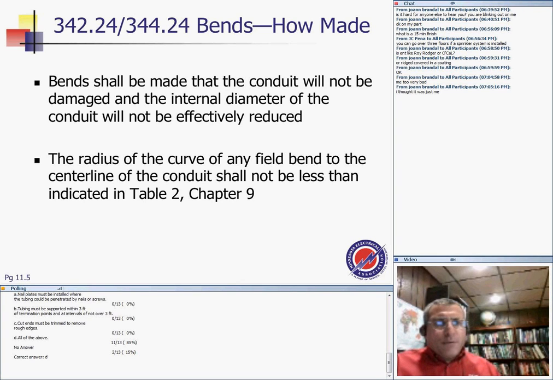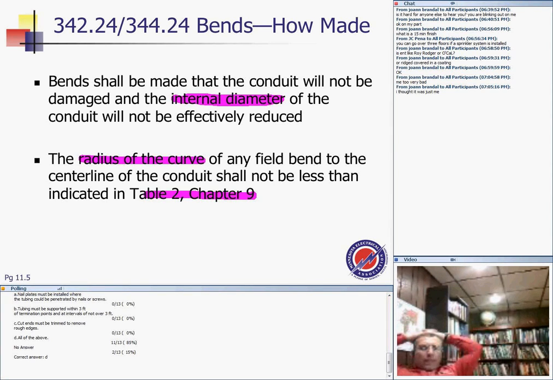Bends: you don't want to damage the interior diameter, and there's a minimum bend radius that you can do. You go to Table 2, one shot and full shoe benders. Depending how you bend it, you're going to go to conduit or tubing, one shot and full shoe benders. If you remember that, that's most of the time going to be with rigid.